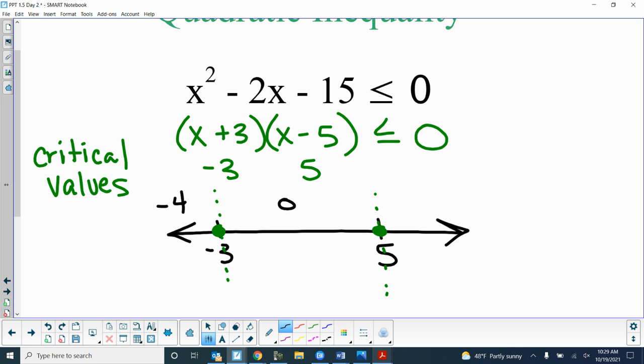You can pick any number you want, but if I can pick 0 as one of mine, I'm going to pick it because it's really easy to add, subtract, multiply by 0. We can't divide by 0. All right, what number should we pick to the right of 5? 6. And again, those are the ones I would pick, but you can pick any numbers in those sections. You understand that?